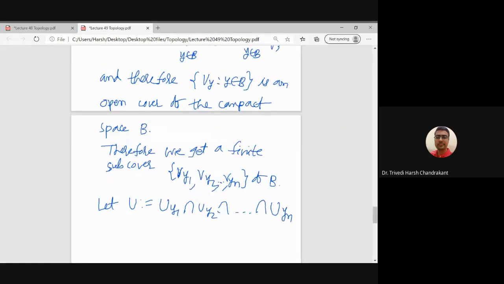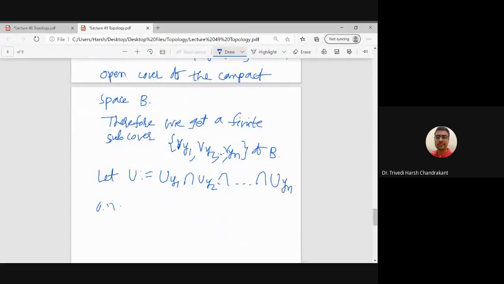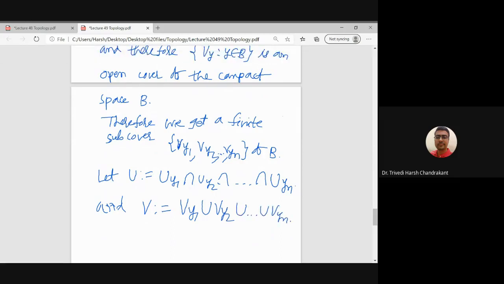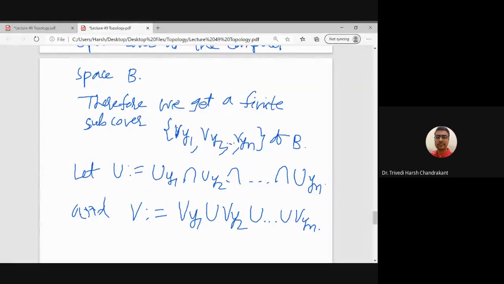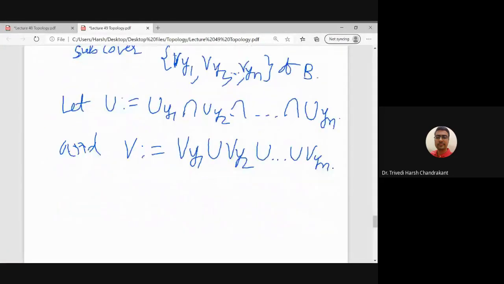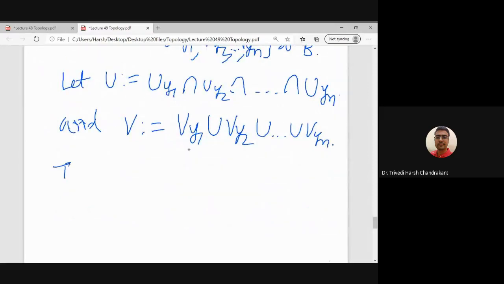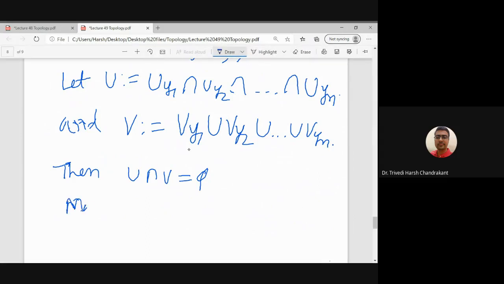All these U sets we take the intersection of, and for the V sets we take the union. A simple observation using set theory gives us that U intersection V is the null set.